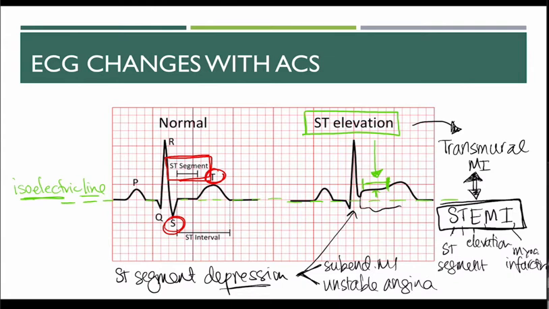So a transmural MI is sometimes called a STEMI because of the evidence that shows up on the EKG of ST segment elevation. Because we have two types of MI, the subendocardial and the transmural, since the transmural is often called a STEMI, then the subendocardial MI is frequently referred to as a non-STEMI.